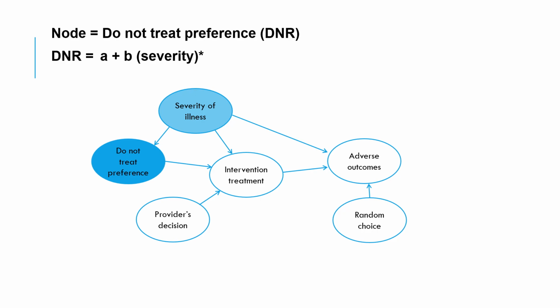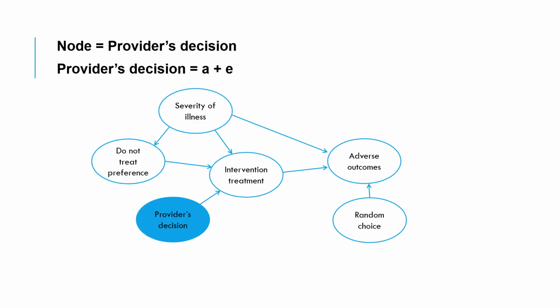This is the only node in this regression, and it is statistically significant. And our last node, provider's decision. Again, we don't see any parent nodes for provider's decision, so the regression equation will be alpha, the y-intercept, plus E, which is the coefficient for provider's decision.